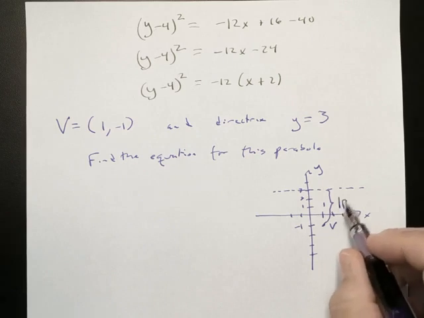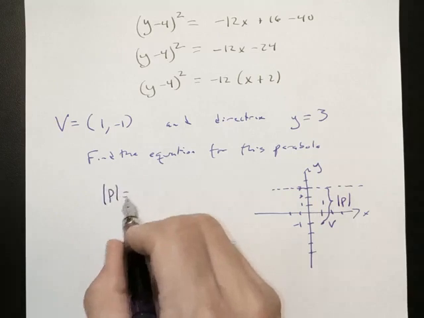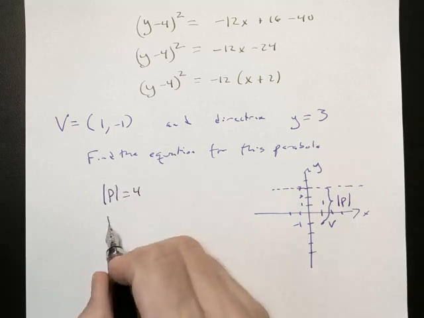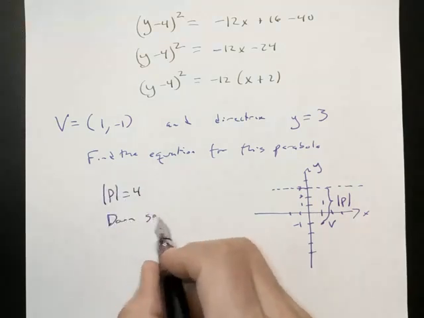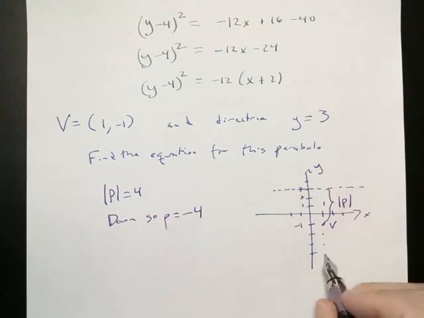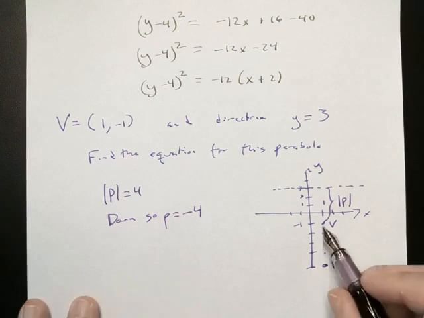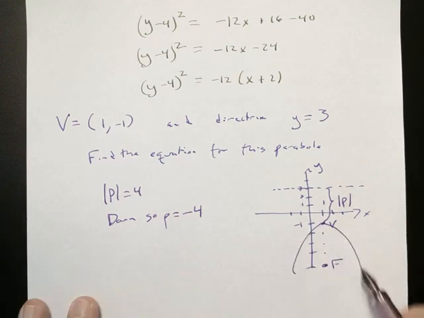So this is really the absolute value of P. Absolute value of P is 4 down. So P is -4. There's my focus, 4 more units down. And that means my parabola is going to go that way. Wait a minute, it's going to go that way.